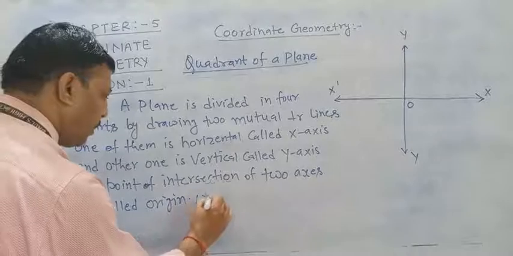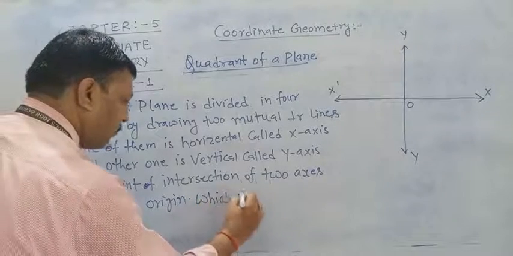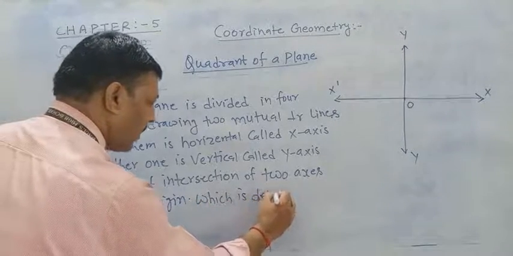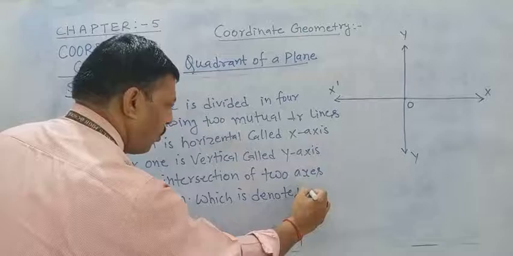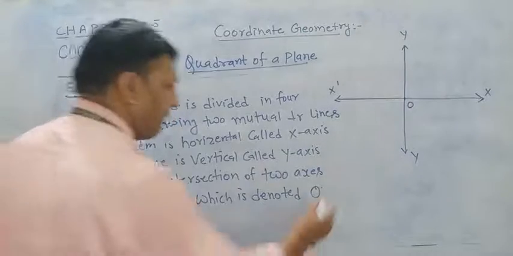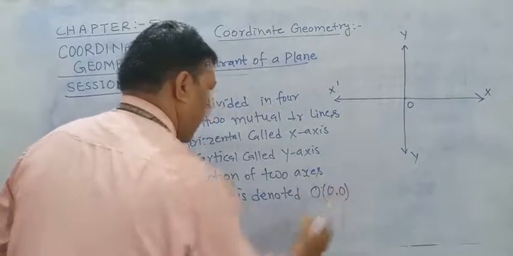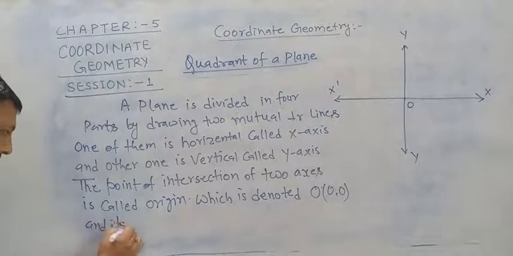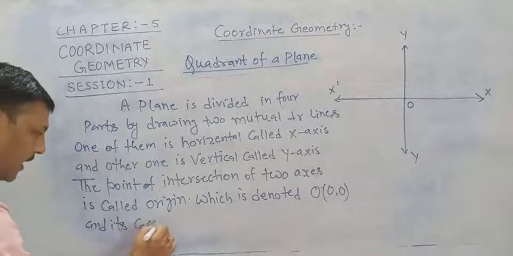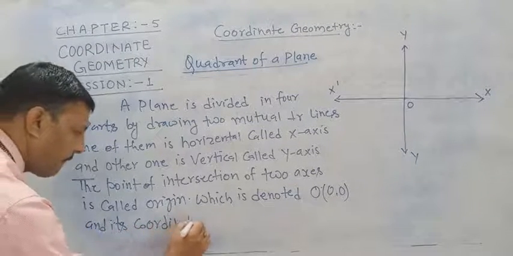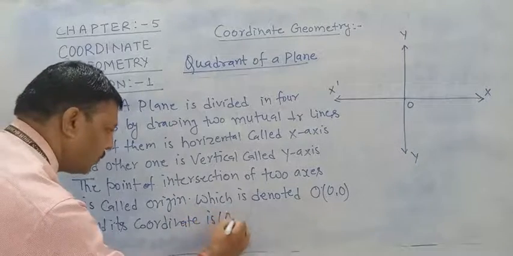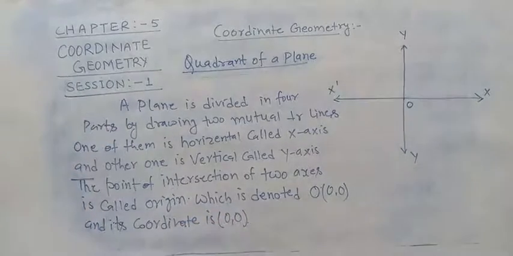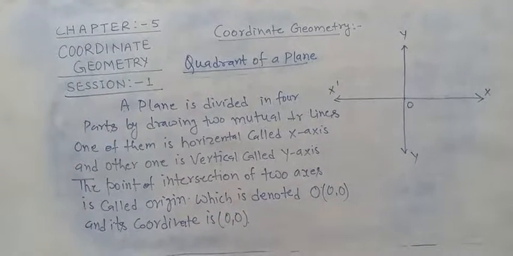Origin is denoted by O, and its coordinate is (0, 0). So the coordinate of the origin is (0, 0).